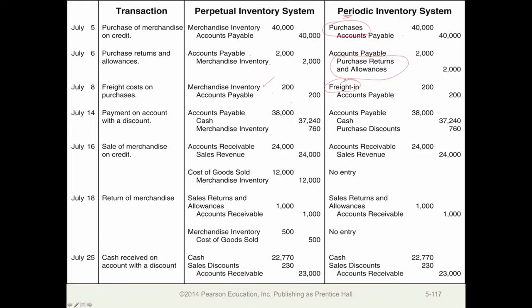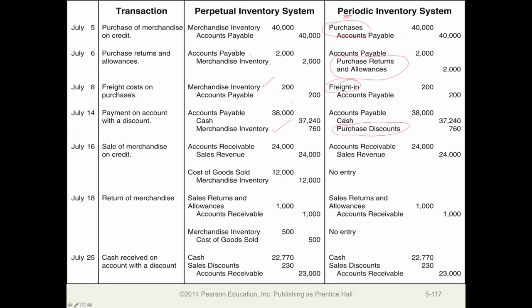If you pay within the discount period, the discount reduces the cost of inventory under perpetual. It will reduce the cost of inventory under periodic as well. However, we need to first record it in a contra purchase account.